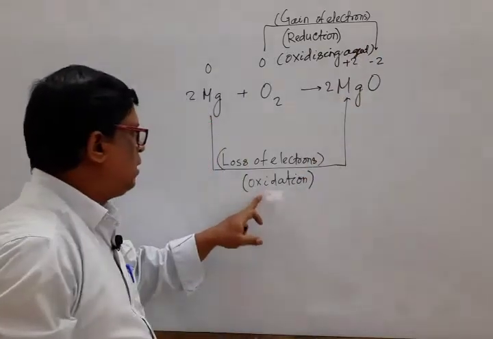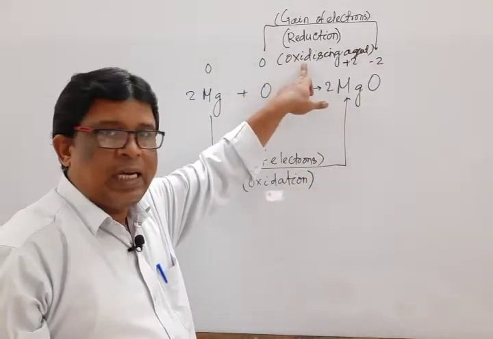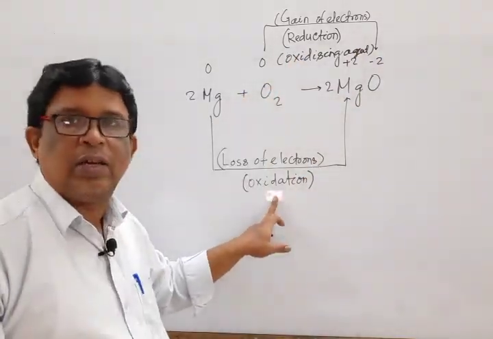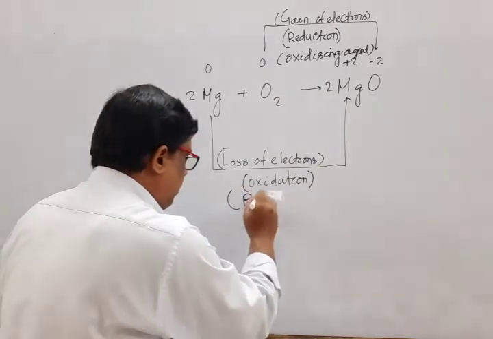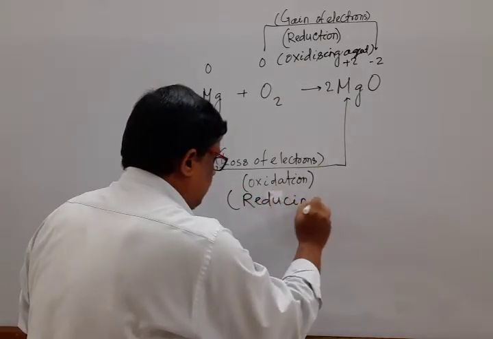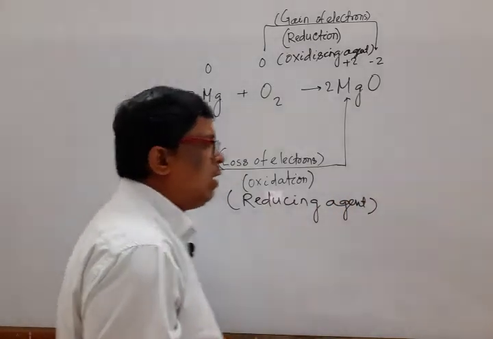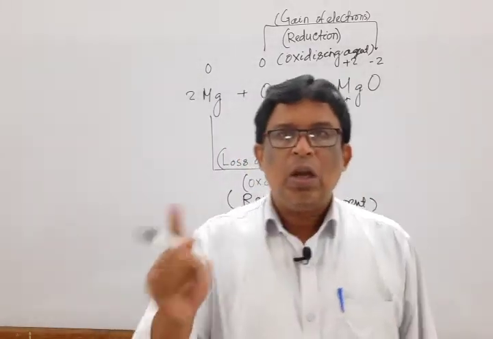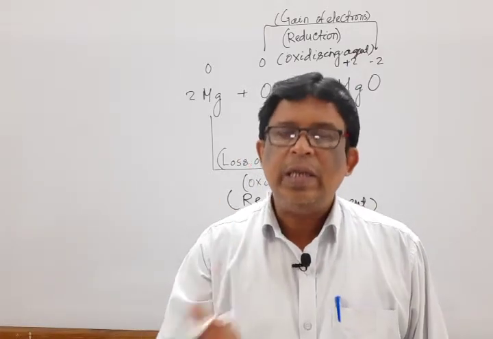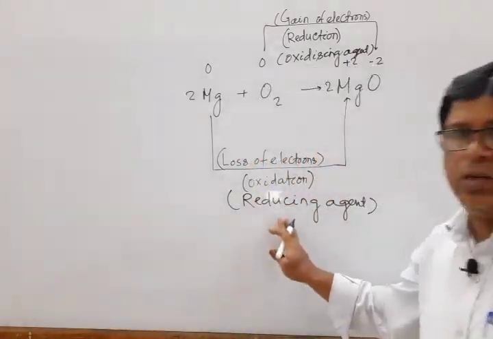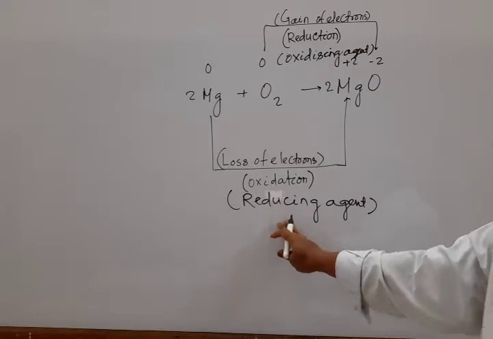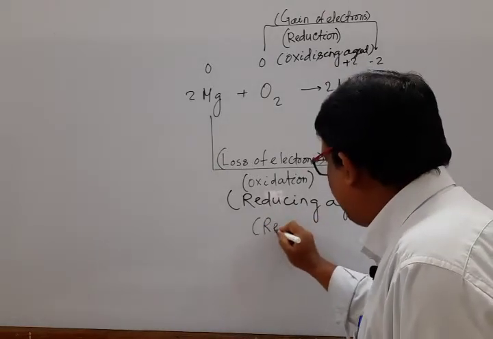Again, here mark that as oxygen is the oxidizing agent, magnesium is known as a reducing agent. I write here a reducing agent. That means where oxidation takes place, loss of electron takes place, it is known as the reducing agent or otherwise known as a reductant.